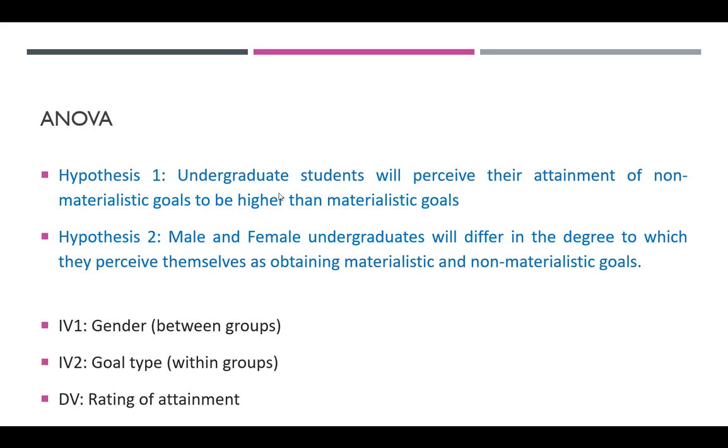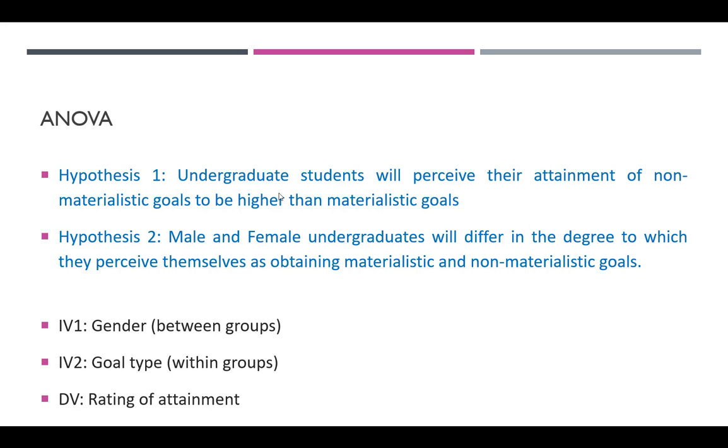And so what you'll end up with is a main effect for gender, so if there's a difference between males and females on attainment of any goal, a main effect of goal type, so if there's a difference regardless of gender on whether undergraduate students view their attainment of materialistic and non-materialistic goals as different. And then you would have an interaction, and that's what the second hypothesis here is about.